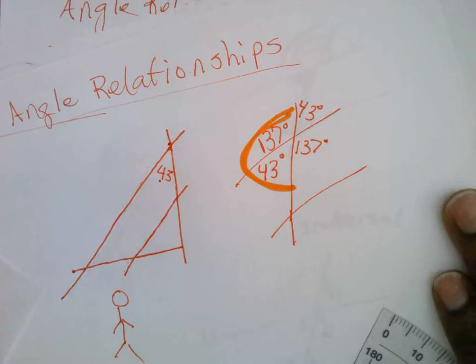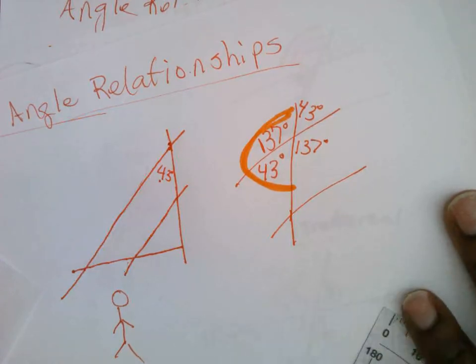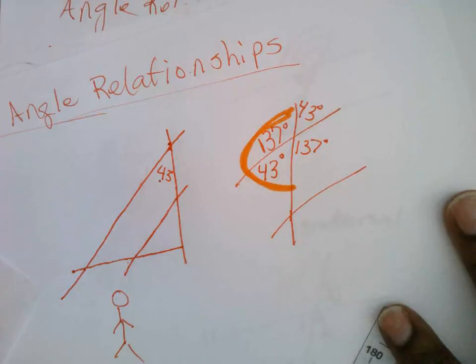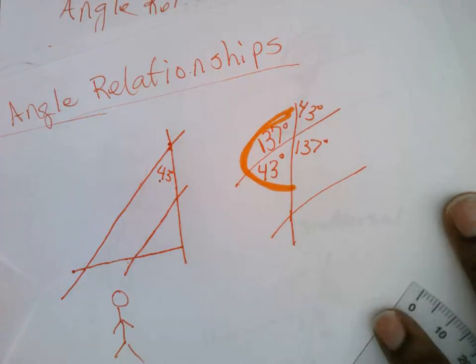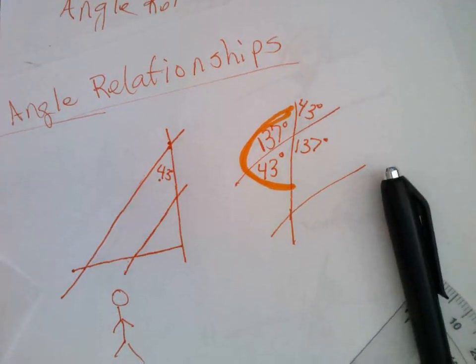Show me vertical angles. What's true about vertical angles? They're congruent. Vertical angles are always congruent. Show me vertical angles. What is true about vertical angles?